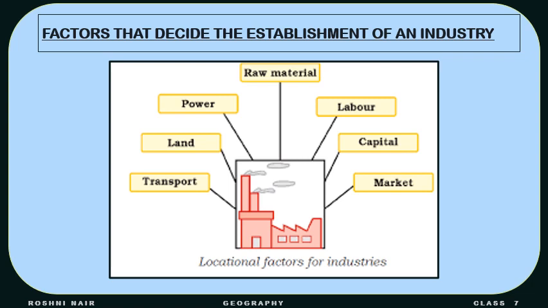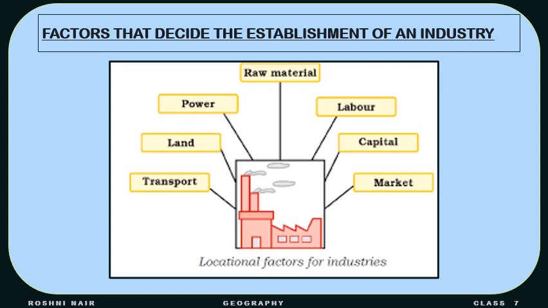So the factors which affect the location of industries are mainly these 7. Let me repeat: the availability of raw material, land, water, labor, power, capital, transport, and market. The industries are situated where some or all of these factors are easily available.